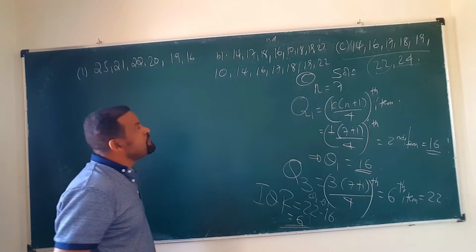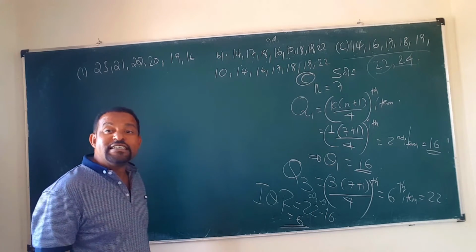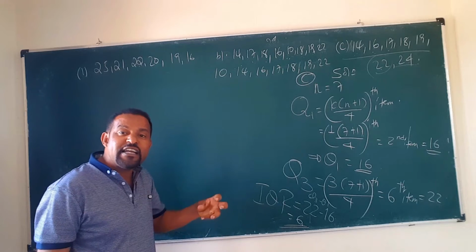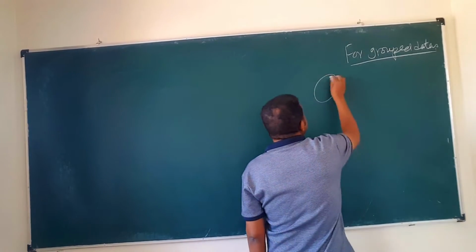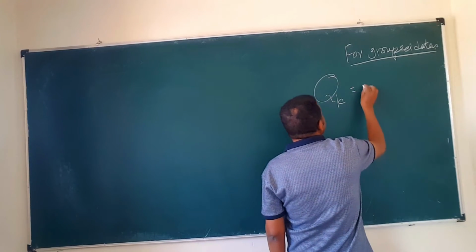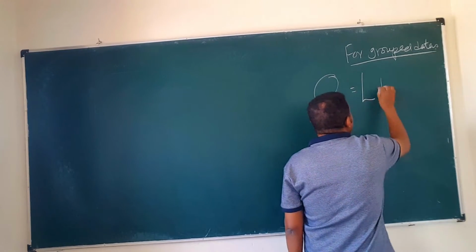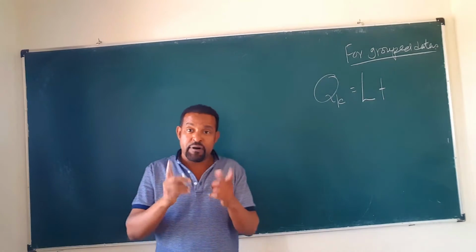Now let's do examples for grouped data. Interquartile range for grouped data. For grouped data, the kth quartile is given by the lower class boundary of the quartile class.